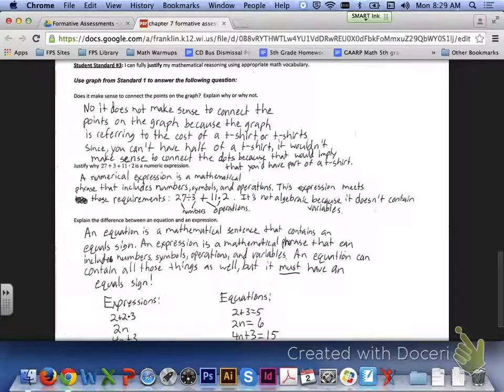A mathematical phrase with operations and numbers, but it equals something. 2n equals 6, right? It equals something. It equals 6. And then 4n plus 3 equals 15, again, with the equal sign. That changes the expression into an equation.